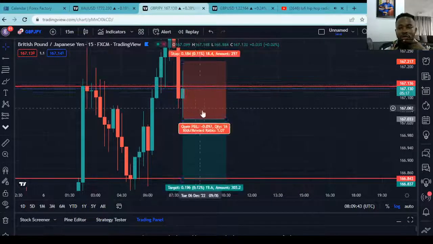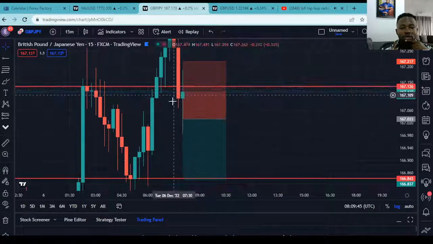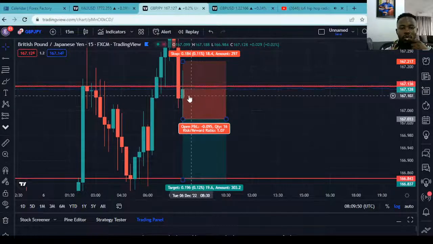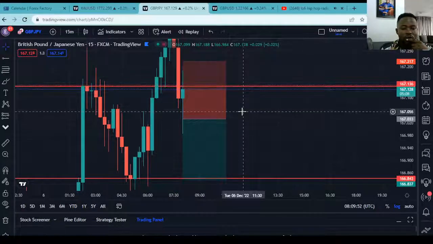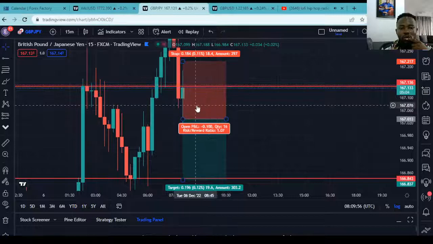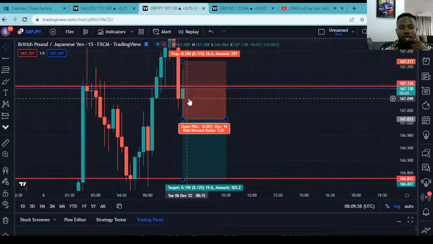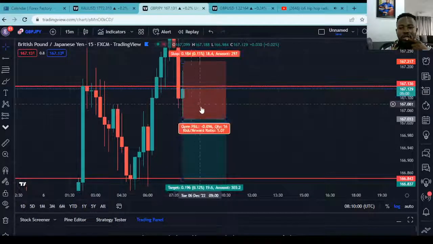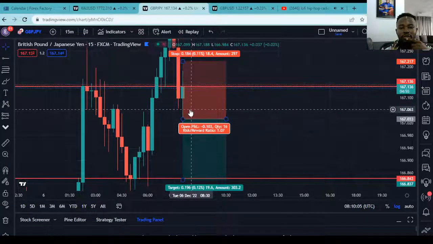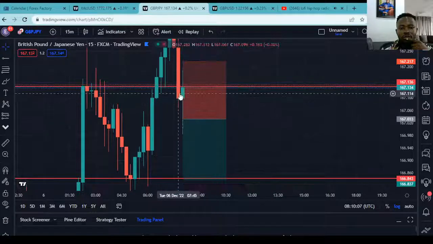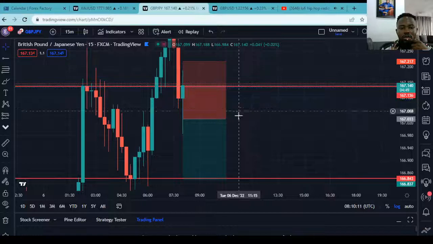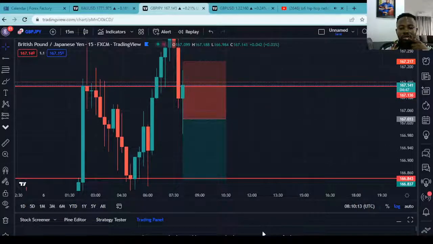Or thinking of it, the 15 minutes candle has 5 minutes to close. We could also manage our risk based on the 15 minutes candle. If any 15 minutes candle closes green here, because 5 minutes is a very weak time frame, if any 15 minutes candle closes green here, I'll close my entire position.